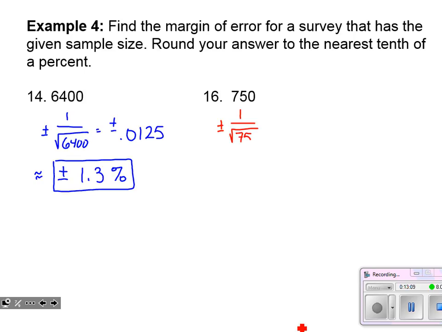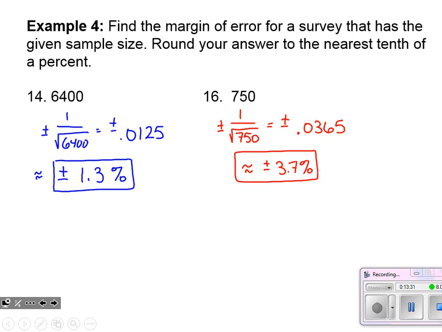Run that through the same formula, and I get plus or minus 0.0365, which as a percentage is roughly 3.7%. So you can see having a smaller sample size has increased our margin of error because that small sample has a chance of not being indicative of the whole population.